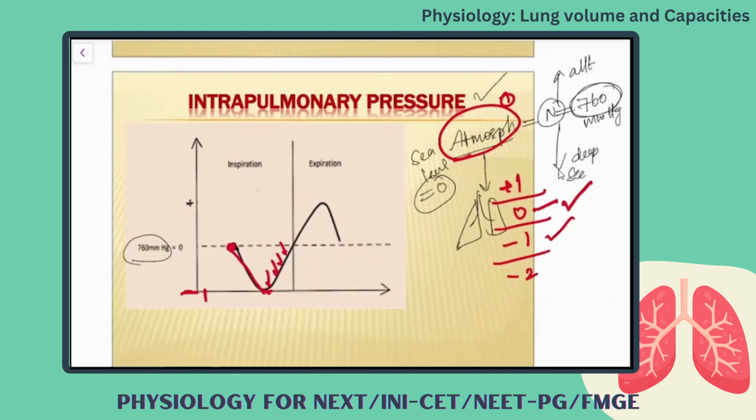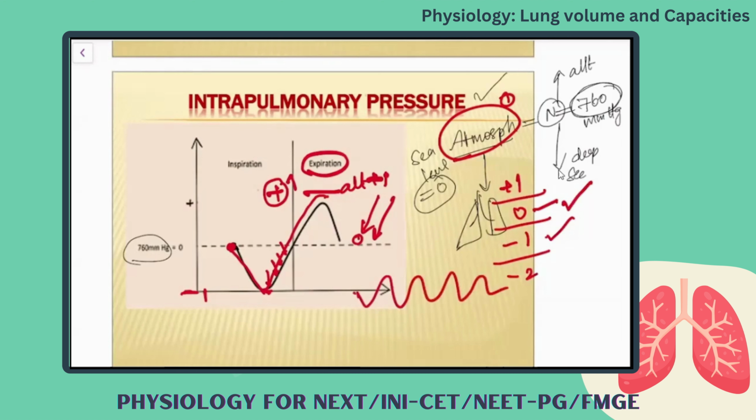Once the air is filling the alveoli, the pressure increases because it is filled with air. That increases the alveolar pressure at the beginning of expiration. So at the beginning of expiration, that is positive pressure. What happens? Atmospheric pressure is 0 and this is +1. So from +1 to 0 level, air will move out. So this +1 and -1 variation in the intra-alveolar region makes inspiration and expiration happen in a rhythmic way.